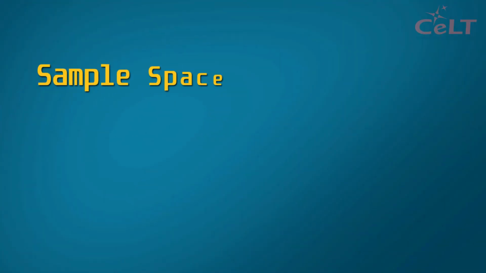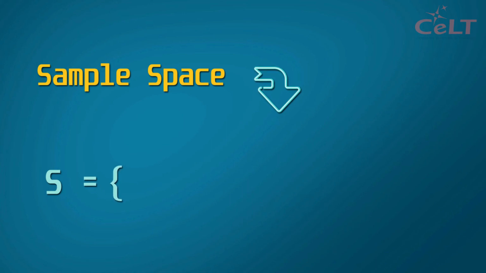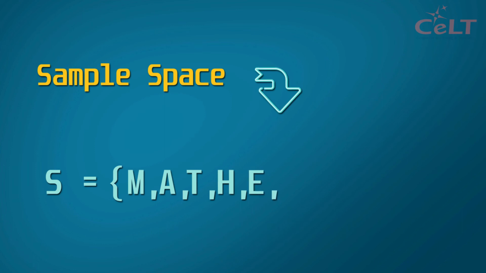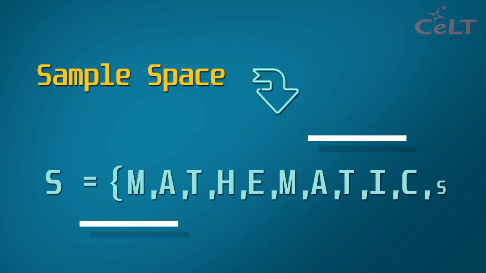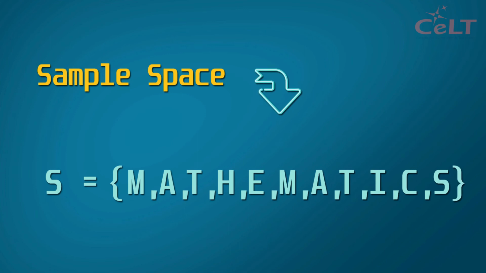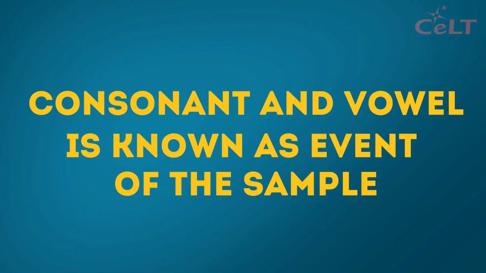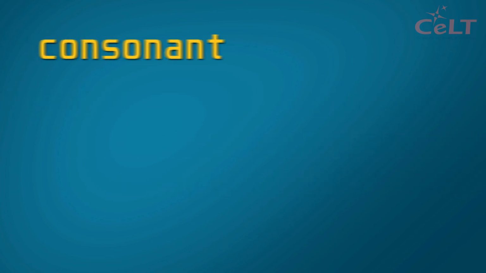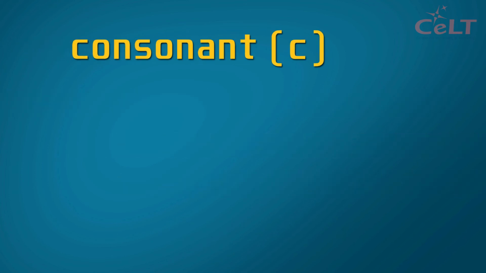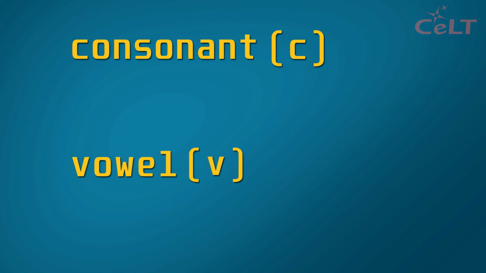The outcomes of the sample space are as follows: S equals the set of M, A, T, H, E, M, A, T, I, C, S. Consonant and vowel are known as events of the sample space. We denote consonant as letter C and vowel as letter V.